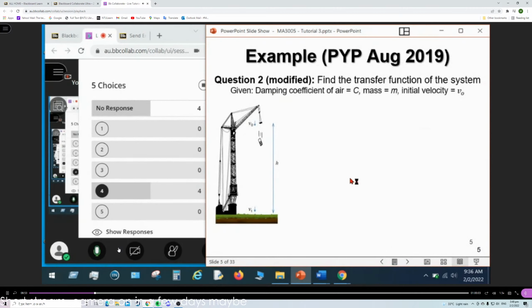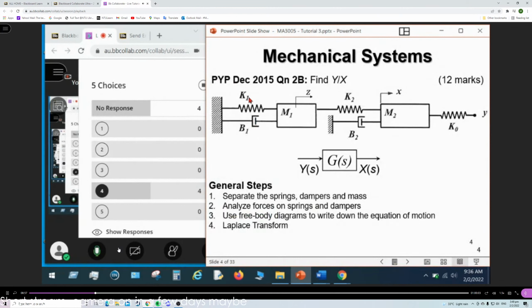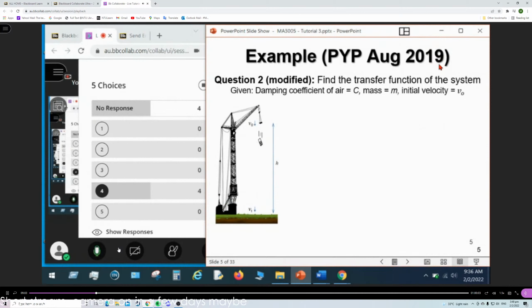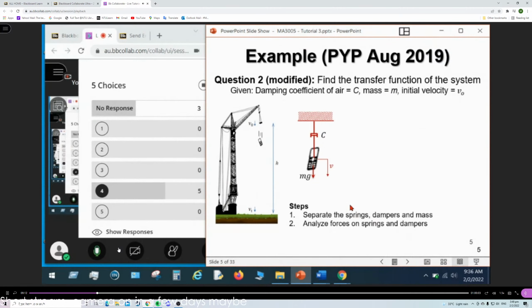Now this is another PYP, because the first one was in year 2015. In another year, 2019, 3 years ago, this is another PYP. Same thing. Students needed to separate the spring, damper and mass. Do we have a damper? Yes, the damper is here.